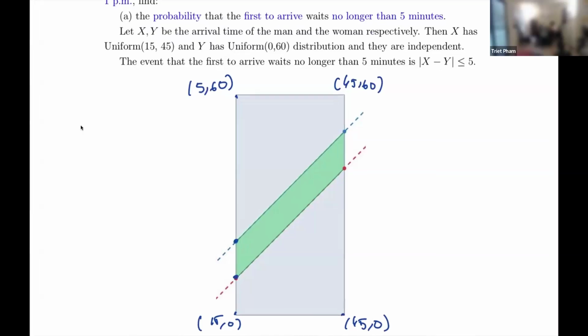All right. So what are these two coordinates? What's the lower coordinate? We already know the x coordinate is 15. What's the y coordinate? Well, what is this line, and what is this line?